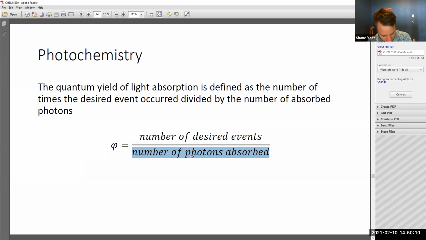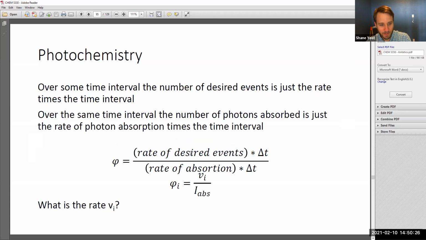Again, like the yields we care about in chemistry, it's how much product you got divided by how much reactant you started with. It's the same thing here with photochemistry, in terms of the quantum yield.